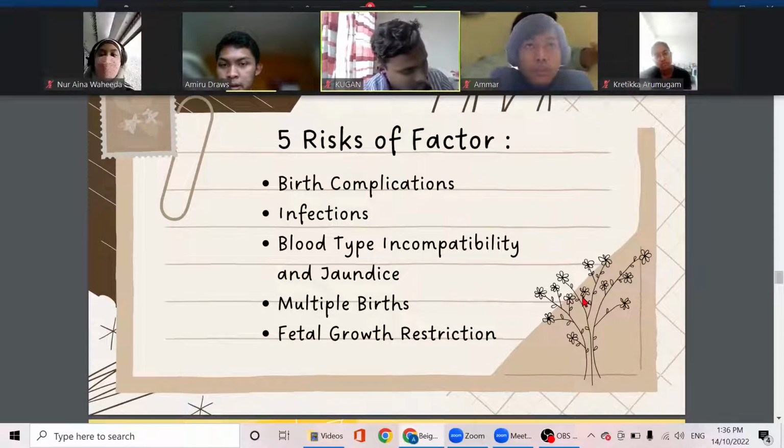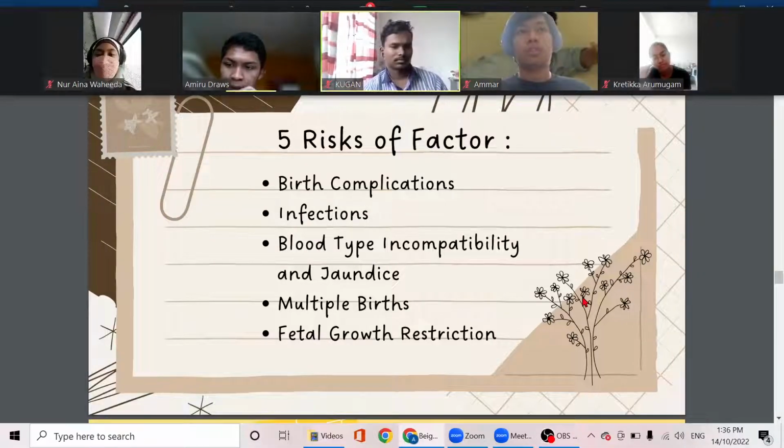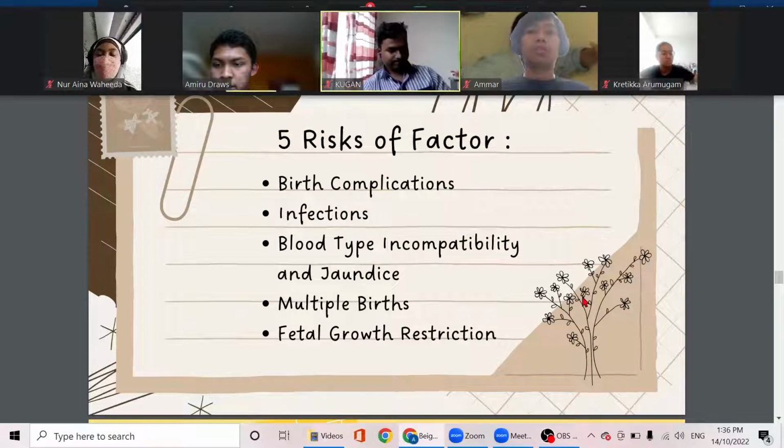Multiple births is another of the five risks.